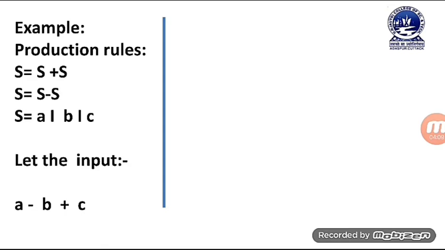The production rules are the same as in leftmost derivation: S equals S plus S, S equals S minus S, S equals a, b and c. And let the input be a minus b plus c. Now we are going to implement rightmost derivation.